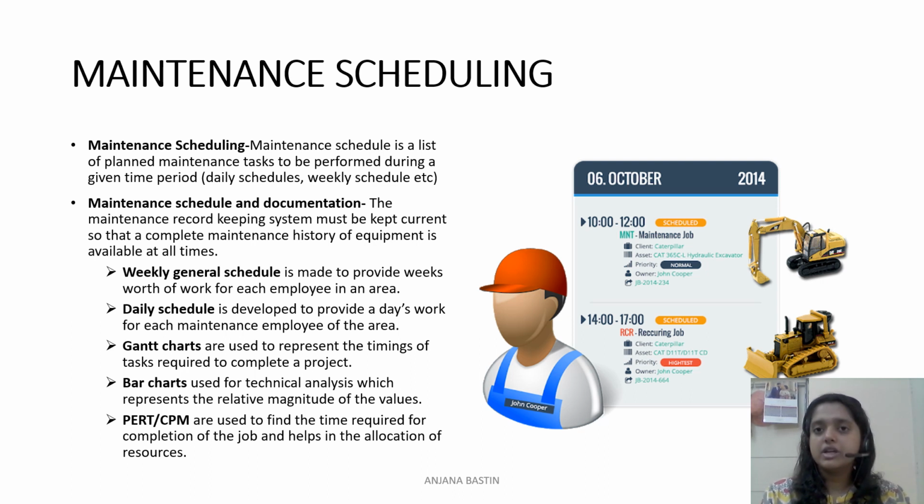Here we try to find out in what way the work can be completed very quickly. For example, there are 5 machines, and the maintenance staff has 8 hours to do the entire work. The first machine might take half an hour, the second machine 2 hours, the third one 3 hours.